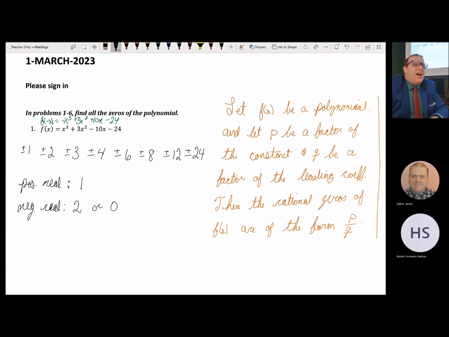If we're dealing with the complex numbers, which we will be for these, then a polynomial of degree n will have exactly n zeros if you count multiplicities. Multiplicity is something like if you have x minus 3 squared, 3 is a zero of multiplicity 2. It occurs twice.